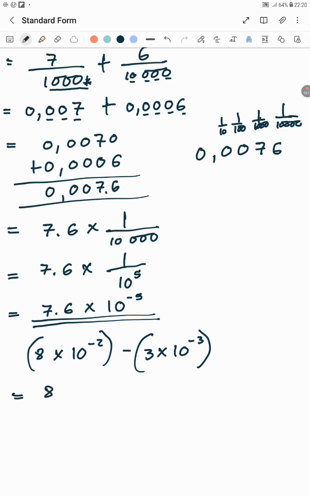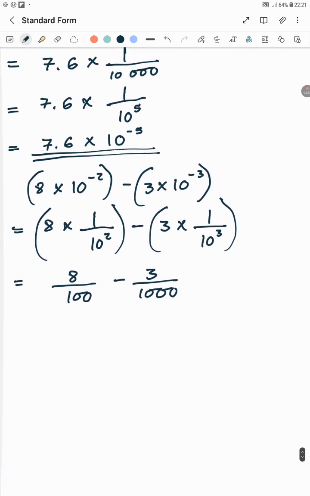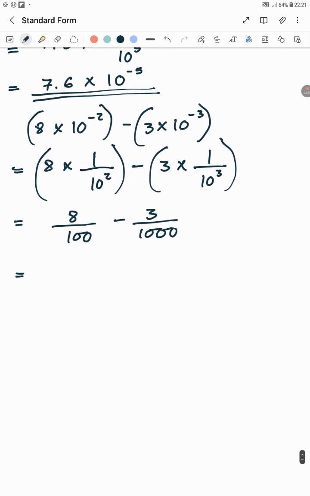So this is equal to 8 times 1 over 10 to the power 2 minus 3 times 1 over 10 to the power 3, and this is equal to 8 over 100 minus 3 over 1000.